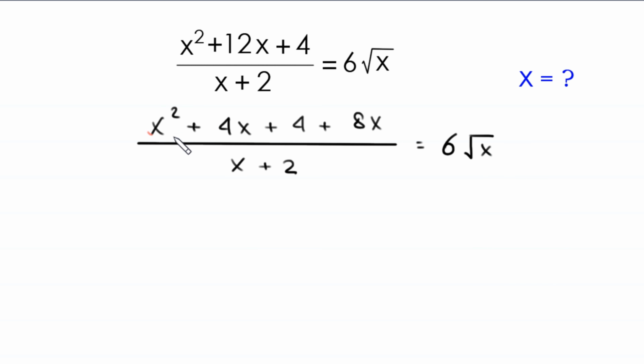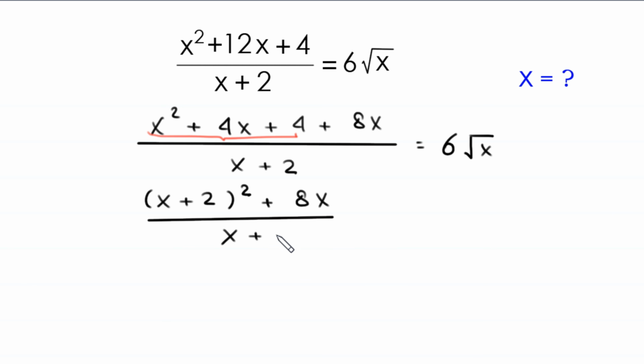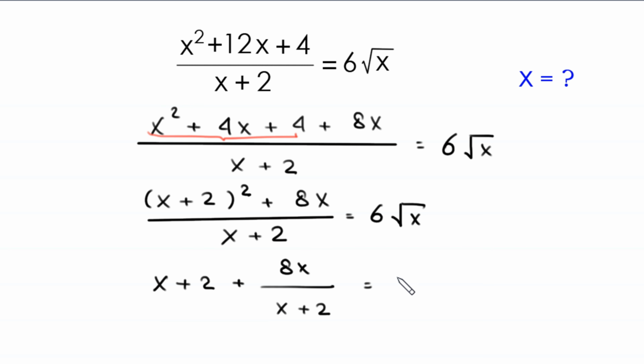Now this x squared plus 4x plus 4 is a perfect square, so this will become (x plus 2) whole squared plus 8x, divided by x plus 2, equal to 6 times root x. Further simplifying, the left hand side will become x plus 2 plus 8x divided by x plus 2, equal to 6 times root x.